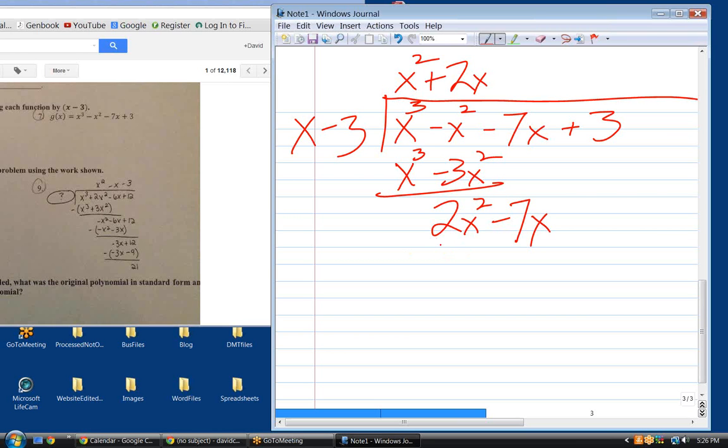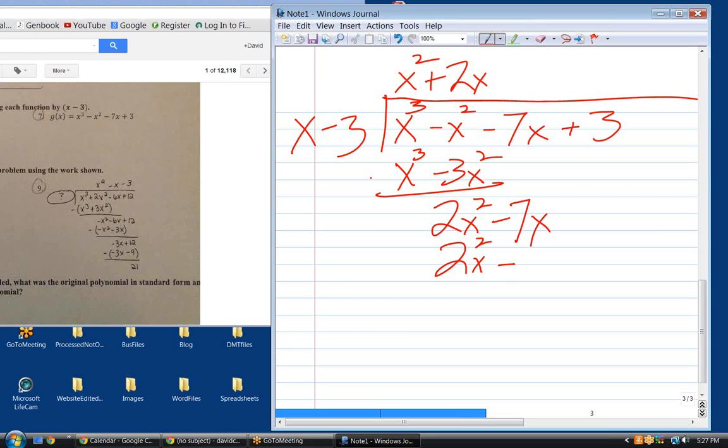Then you multiply x minus 3 by 2x and get 2x squared minus 21x. No, you're just multiplying 2 times minus 3. Where'd you get the 21 from?